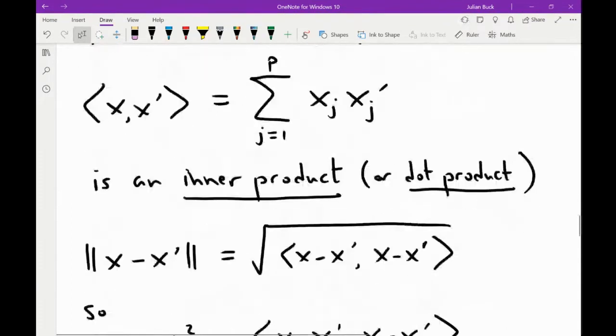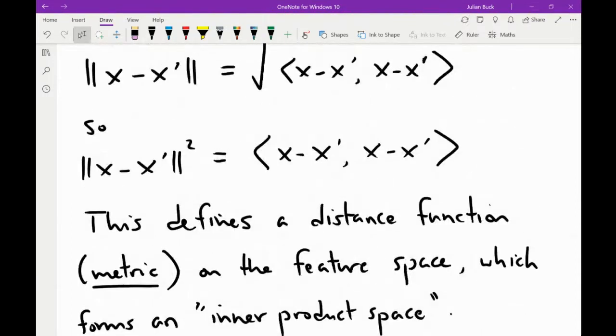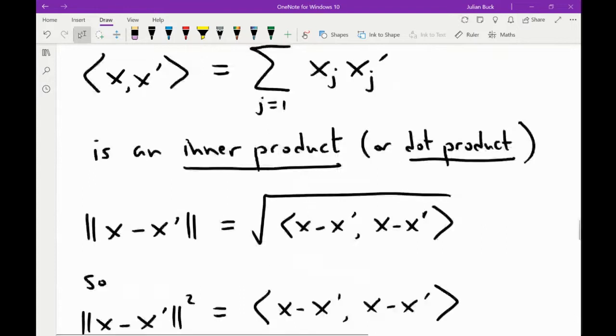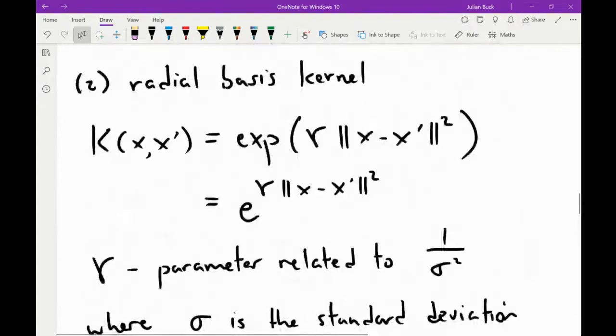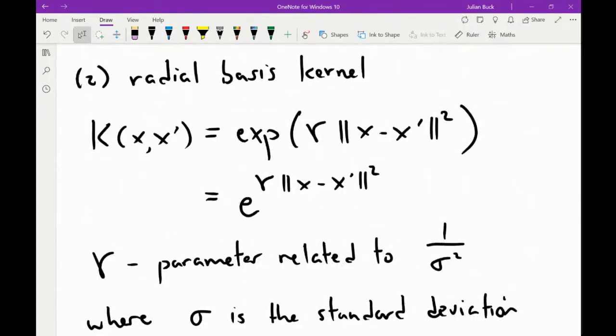The norm squared of the difference is an inner product, so it's a bunch of additions and multiplications. More of them, but it's just a bunch of easy arithmetic that a computer can do. Then you do have to do an exponential if you use the radial basis, but there's only a single exponential. You do this inner product of multiplications and additions, you multiply it by some scale parameter, and then you exponentiate.